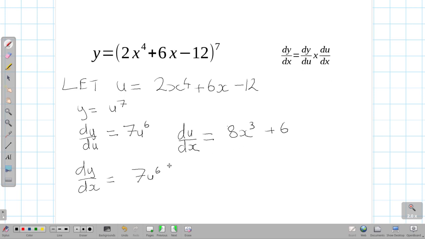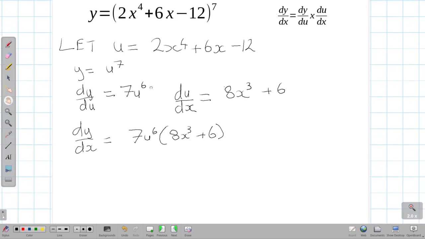I'm going to put this in brackets for clarity: 8x to the 3 plus 6, close bracket. Now obviously this doesn't make any sense because we've got a u here where our variable is x, but we happen to know what u equals, and u equals this lot here. So I can substitute that back in. I'll just move this board up a bit to give myself some space.